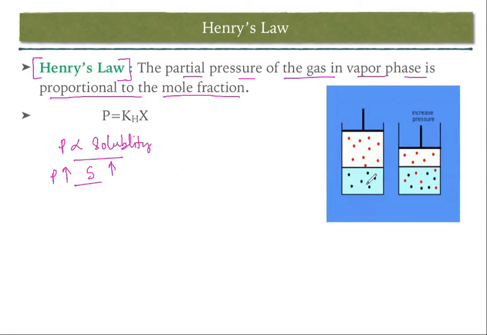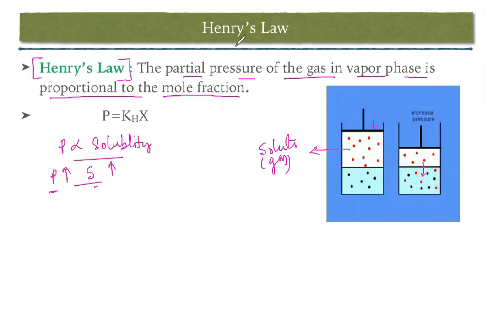In this picture, you can see what happens as we increase the pressure. These red dots are your solute, that is your gas. As we increase the pressure, more and more gas molecules dissolve in the liquid. You can see the red dots, which are the gas molecules, have dissolved in the liquid part. So it is very evident that if we increase the pressure, solubility is going to increase.